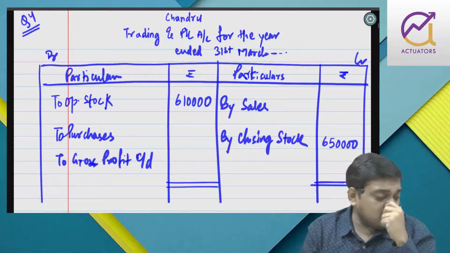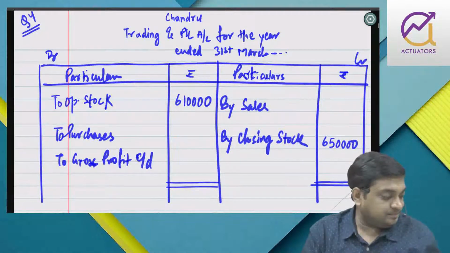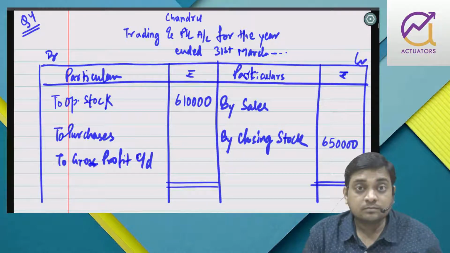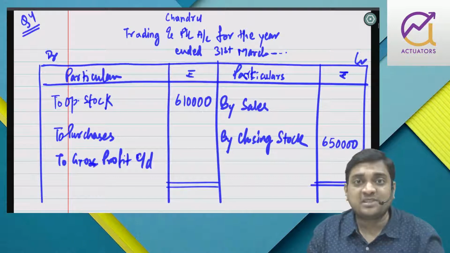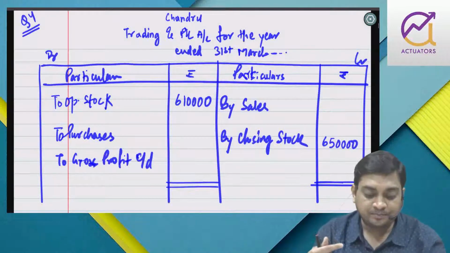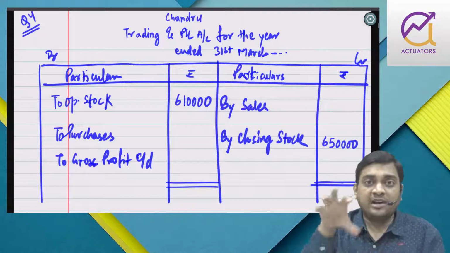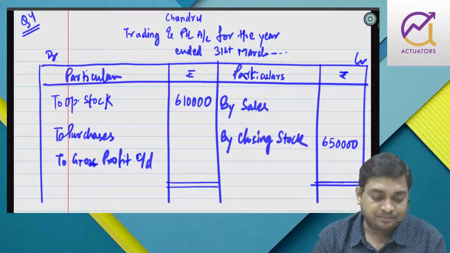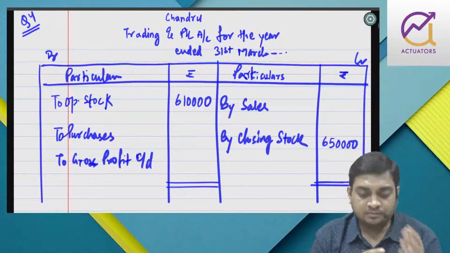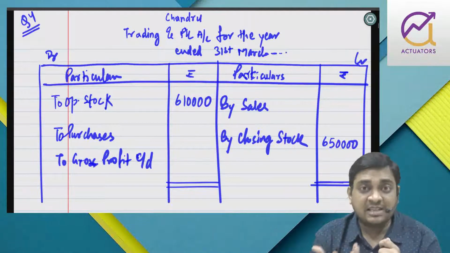Creditor closing is also missing. Just have a look. You need to develop sense automatically, right? This thing I cannot put in your brain. You have to read it properly. What is given? Last problem, we prepared debtor, and the receipt was given.